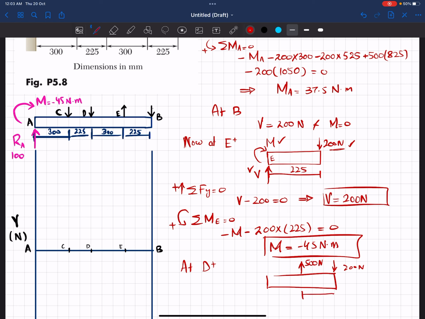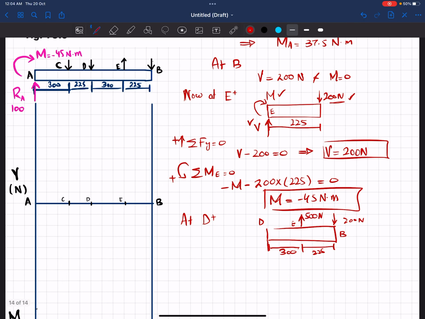The distance between these two is 225. From B to D, D is somewhat away from this line, so this distance is 300 millimeter. When you cut it, you will have a shear force and a reaction moment.